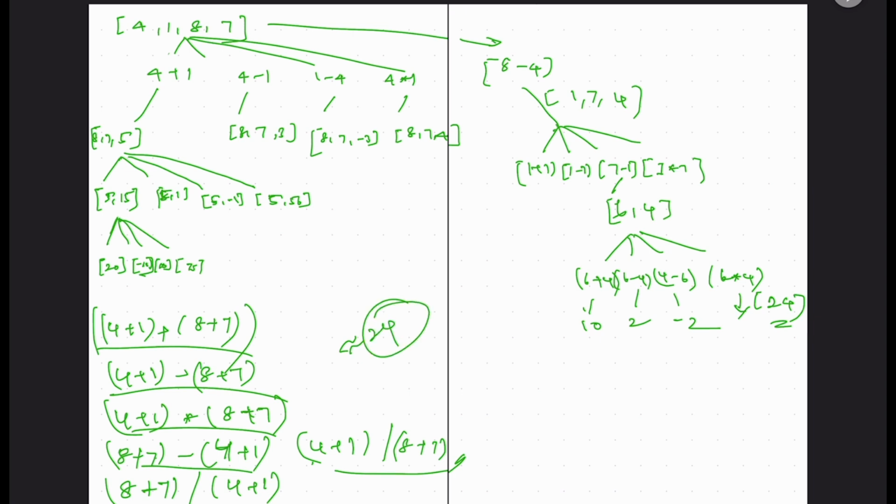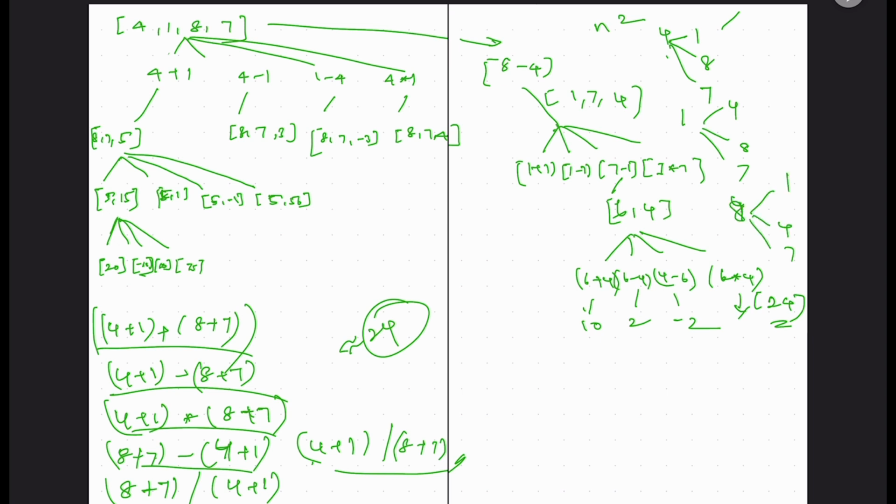So like this we will keep on checking all the n square pairs. There will be possibilities when you are taking 4 and 1, next 4 and 8, next 4 and 7. Then when 1 comes we'll be checking 4, 8, 7. When 4 comes, then 8 comes, we'll be checking 1, 4, 7.